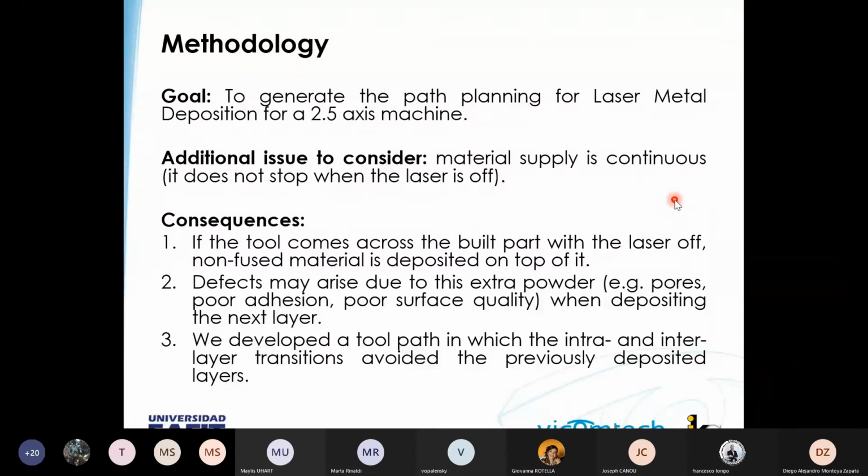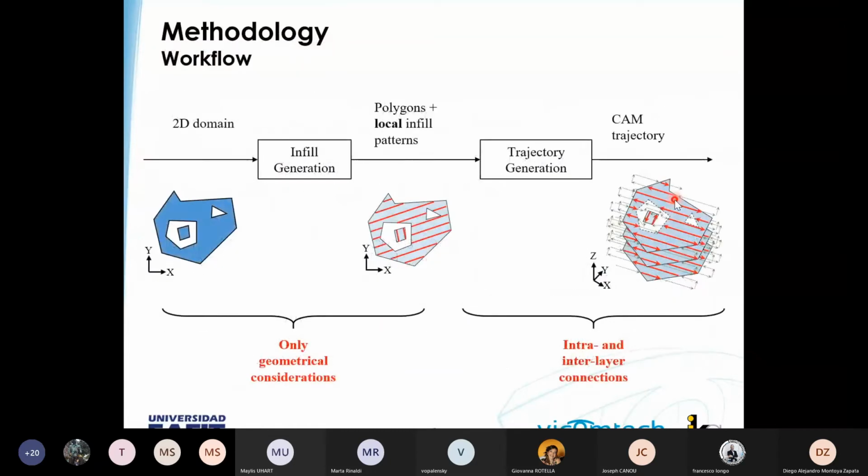So we had to consider this additional requirement, and we developed some strategies that effectively avoided the previously deposited layers. Here I want to show you the workflow of the generation of our trajectories.